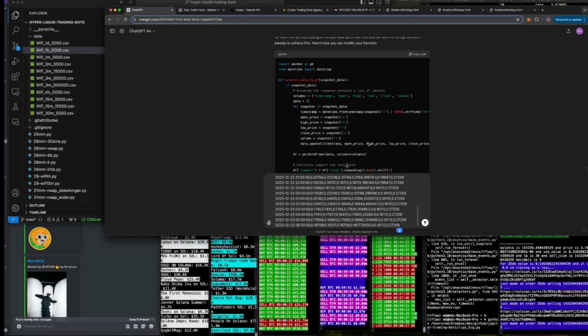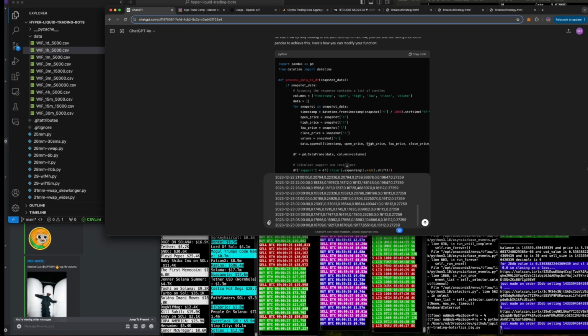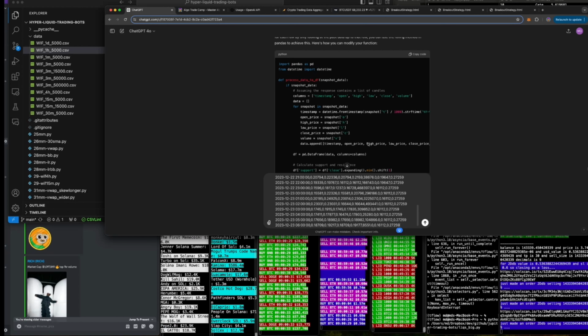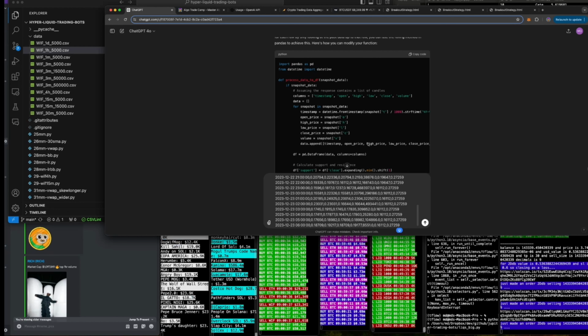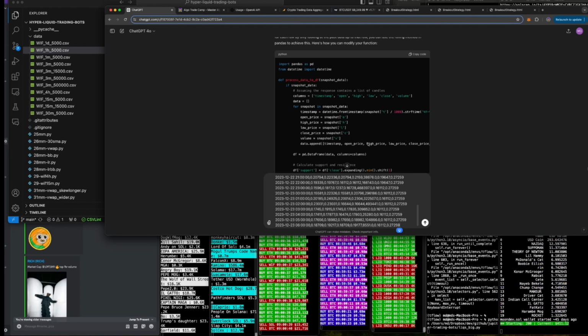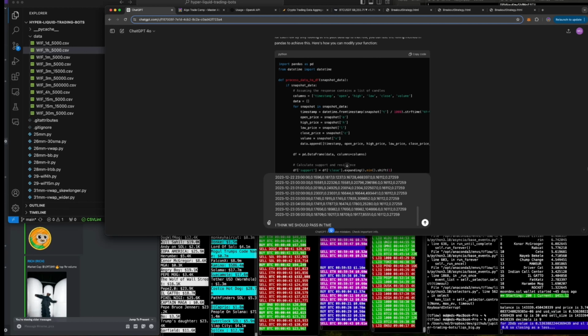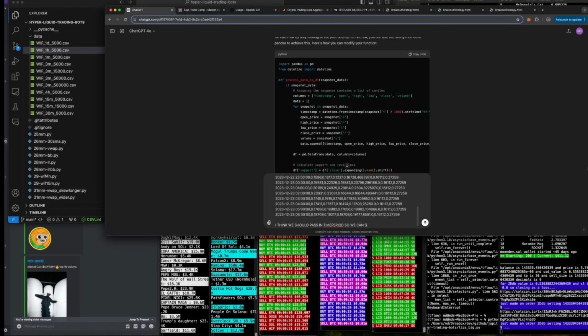Snapshot data, what SMA do we want? I think we should pass in time period so we can pick how long to do the rolling.